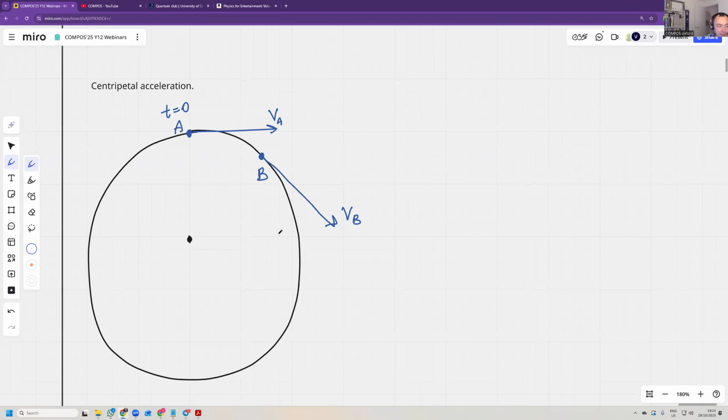Now, these are vectors, and you've studied vectors. The modulus of vA is equal to the modulus of vB, but the direction has changed.